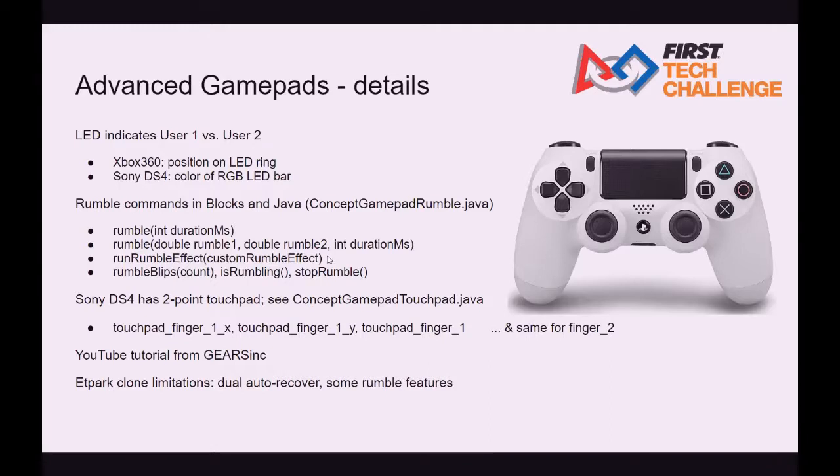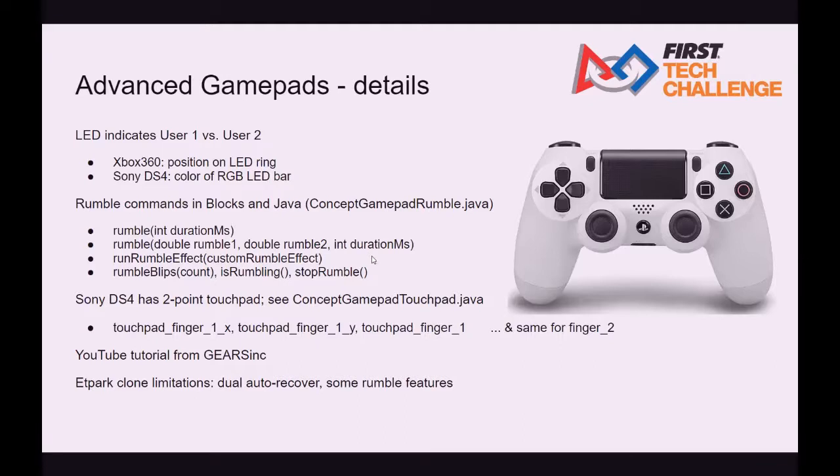The third bullet point shows a method that will run a custom sequence of rumbles that you design and give it a name. This method calls that sequence by name. It's a very fun feature. Each of these methods, the call initiates the rumbling.